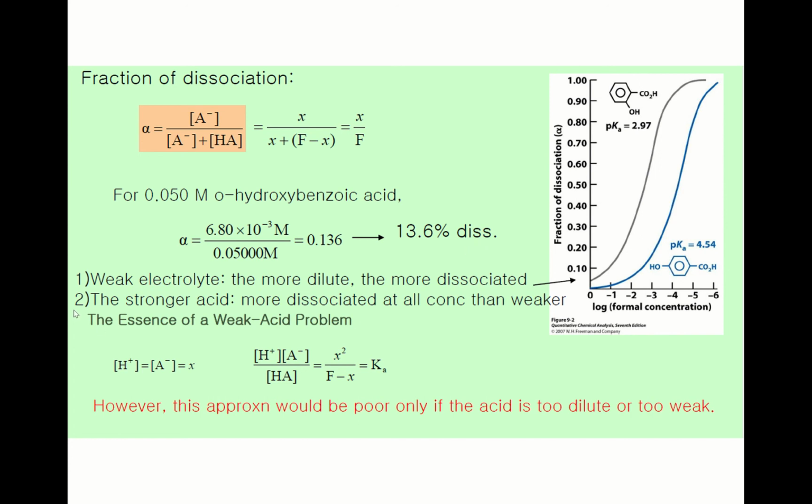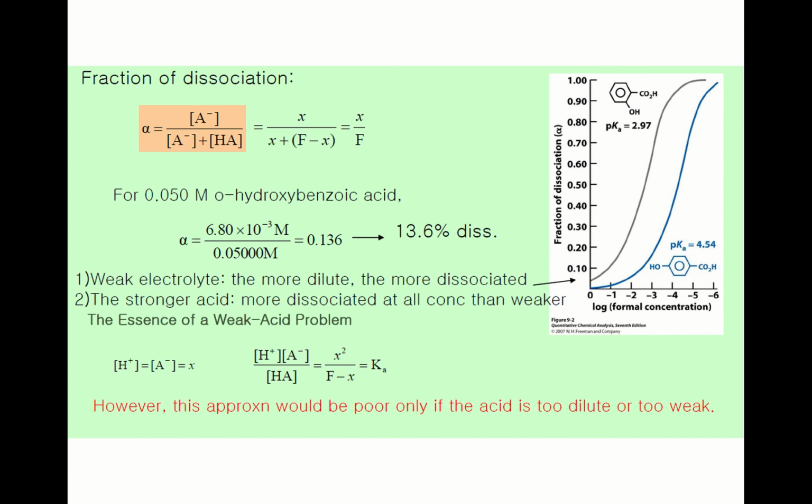So here, if you keep calculating the fraction of dissociation depending on the formal concentration, you will find the more dilute, the more dissociated. You see, in a very diluted weak acid solution, the weak acid is more dissociated. If the weak acid concentration is high, the dissociation is smaller.